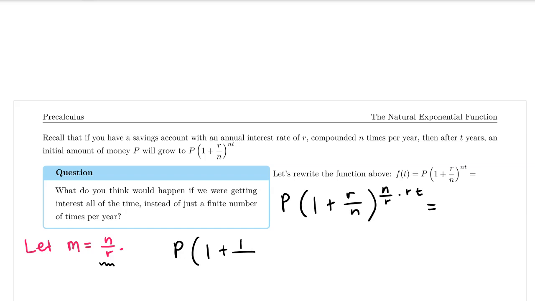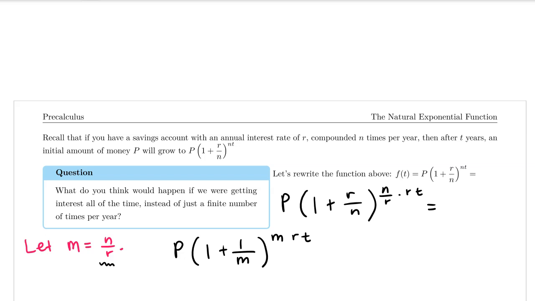I'm just going to rewrite this as 1 over m, since they are reciprocals of each other. Then n over r, in my exponent, I can substitute with m, and then we have times rt inside of our exponent.